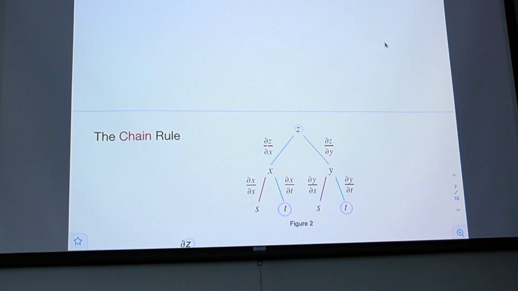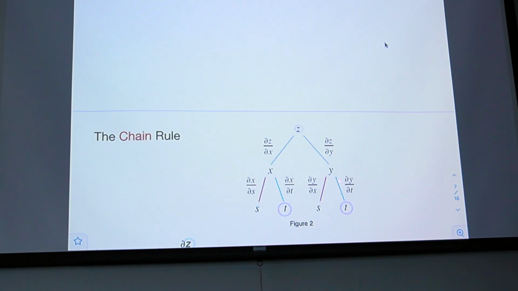Partial z, partial x times partial x, partial t, and then plus what? Partial z, partial y times partial y, partial t. That's it, right?